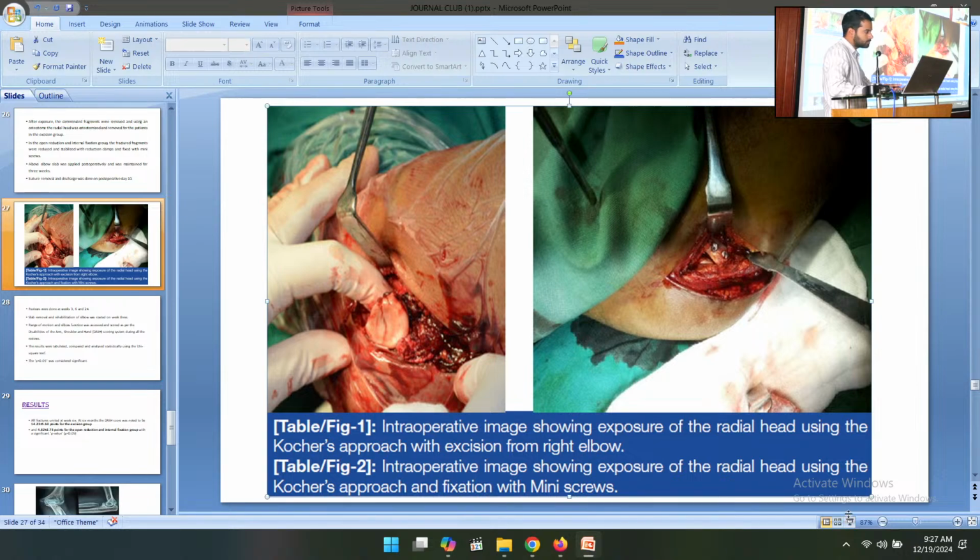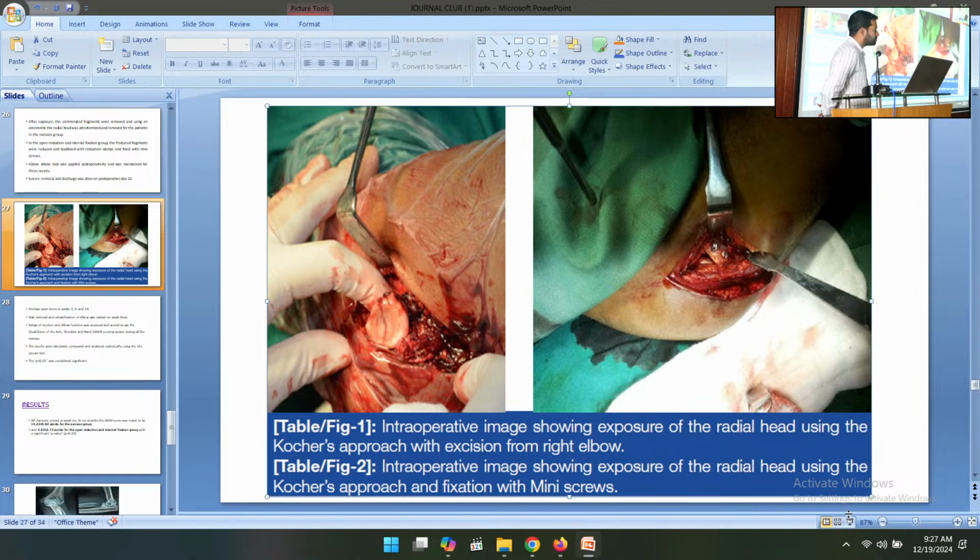What is the purpose of the safe zone determination? Why do we need to put the screws in the safe zone? Sir, to not harm the attachment of the ligament and muscles, and it will not come in the way. Now the radial head articulates with the sigmoid notch of the ulna, which forms the superior radio-ulnar joint.